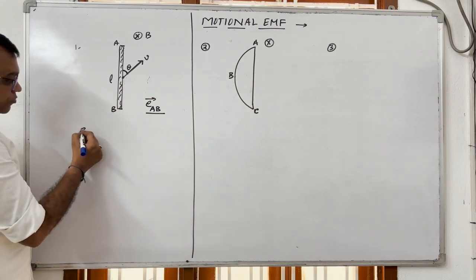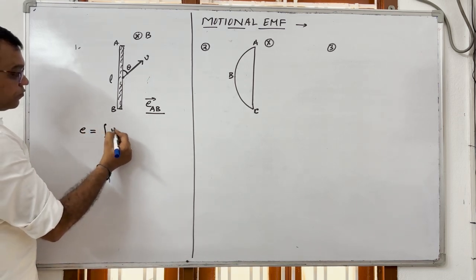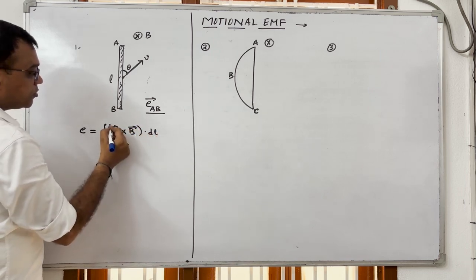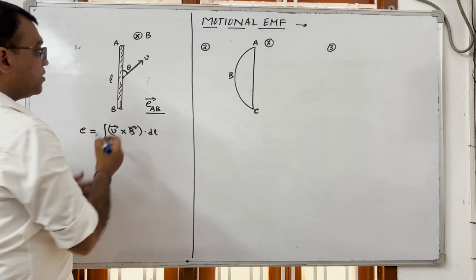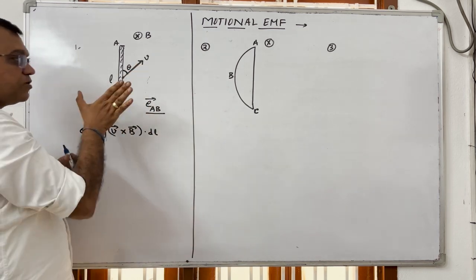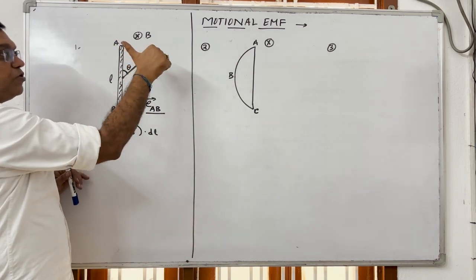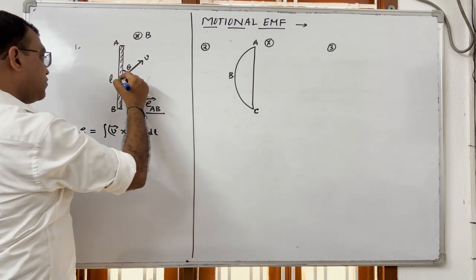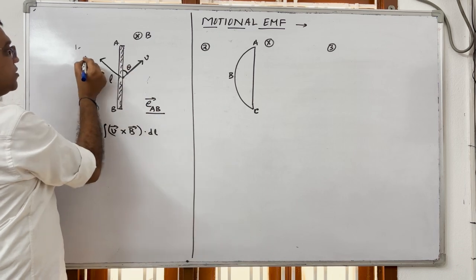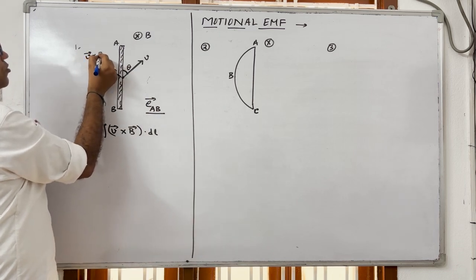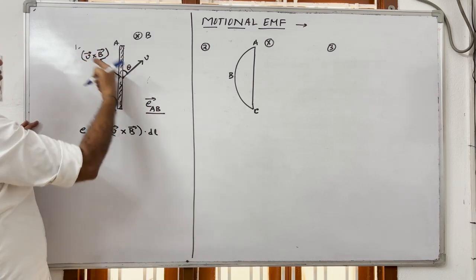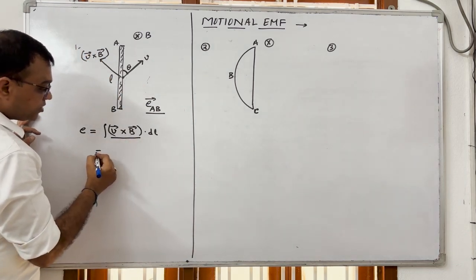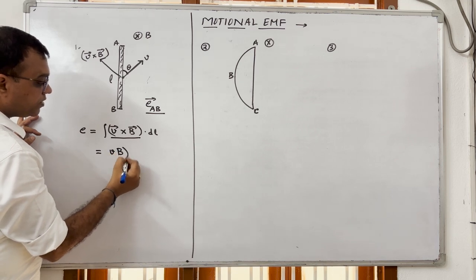Now EMF induced is equal to V cross B dot dL. So let's find this. V is in this direction, B is into the board, so V cross B is in this direction. The angle between V and B is 90 degrees, so the magnitude is VB.